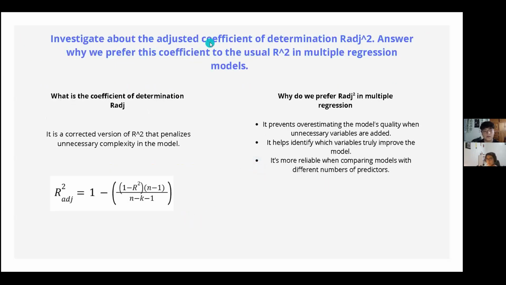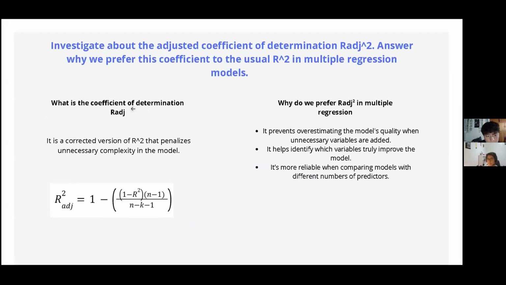Next we investigate the adjusted coefficient of determination, which is a corrected version of the R squared that penalizes unnecessary complexity in the model. Here we have the formula, and as you can see, it depends not only on the R squared value but also on the number of predictors and the sample size.